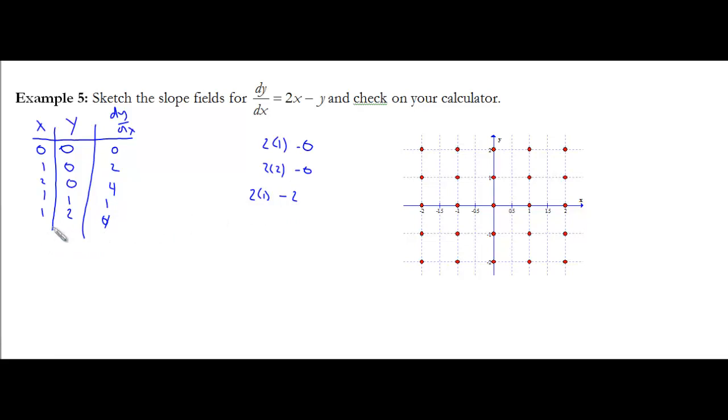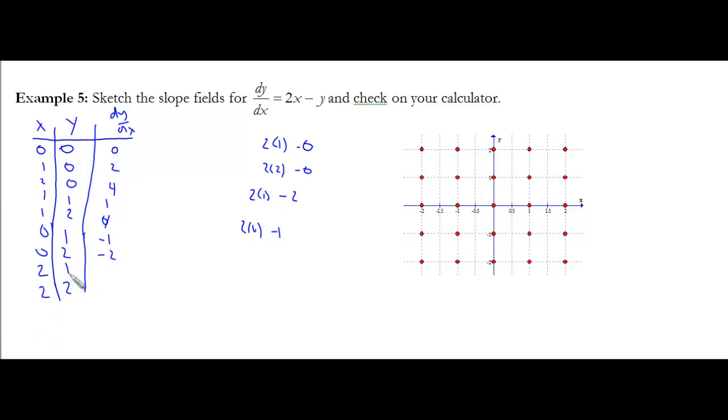And let's keep going here. And we'll do (0, 1), we'll do (0, 2), we'll do (2, 1), and we'll do (2, 2). All right, when x is 0 and y is 1, you get 2 times 0 minus 1, so negative 1. And here would be negative 2.